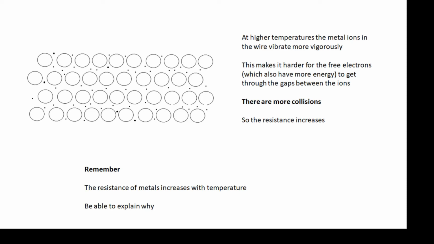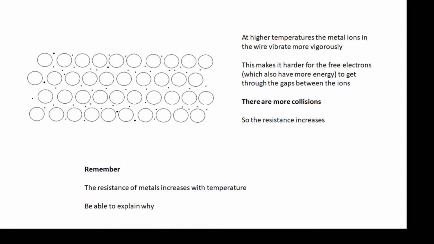So there are more collisions. The electrons find it harder to get through the gaps between them. As the electrons collide into the metal ions, they gain energy, so they vibrate more, so the resistance of the wire increases.